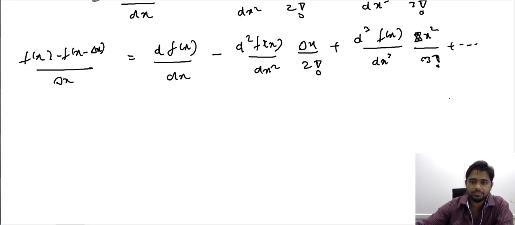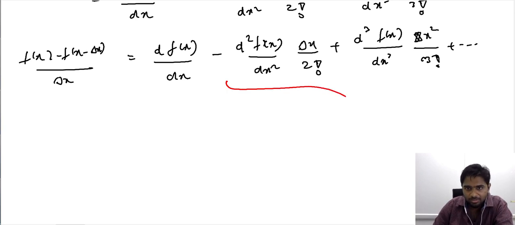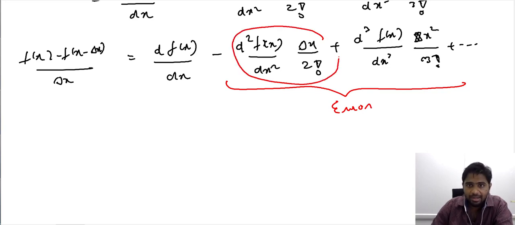Now what we observe is, similar to the forward difference case, all these terms contribute to the error, and the dominant error is this term here, and it is in the order of delta x.